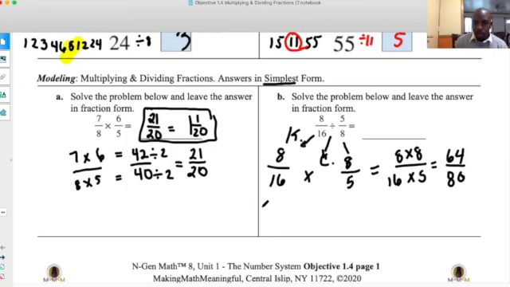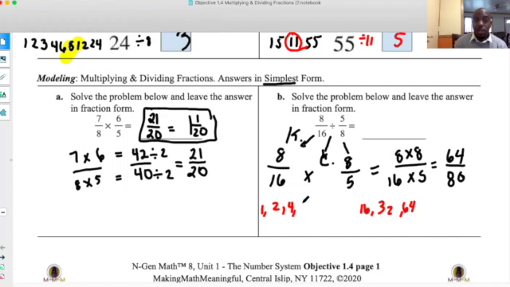Well, 1 and 64. 2 and 32. 3, no. 4 works, 4 and 16. 5, nope, 5 doesn't work. 6, does 6 work?